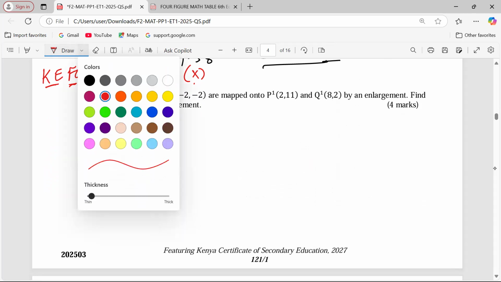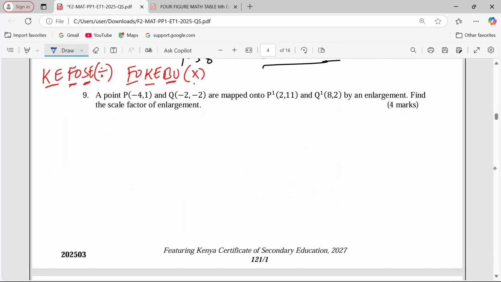So for us to get the scale factor of this particular enlargement, we're supposed to pick, let's say there was a line PQ which got enlarged to become P prime Q prime. Then we look at the factor multiplying. What multiplies the length of PQ to give us P prime Q prime?